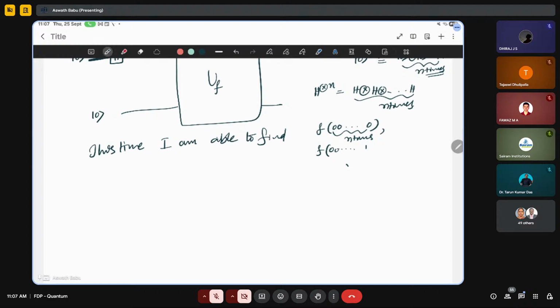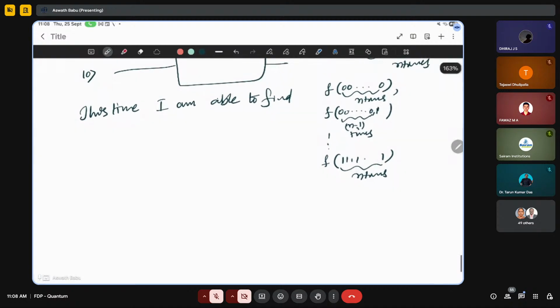Remember, there are zeros n minus 1 times, and there is 1 here. Likewise, I am able to find f(1,1,...,1) n times.